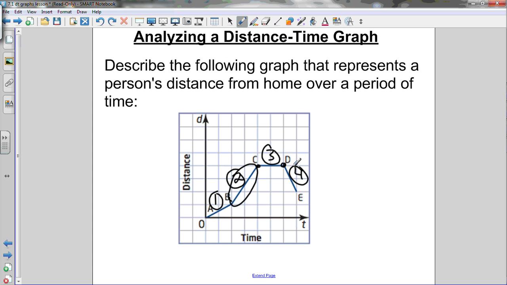DE, now the line is falling down to the right. So I'm looking at this section right here. It's pretty steep, so they're moving pretty fast. But because it's falling down to the right, the distance from home is decreasing. So I know they're moving towards home. So they're moving towards home at a pretty fast, steady rate. It's a straight line, so it's a steady rate.